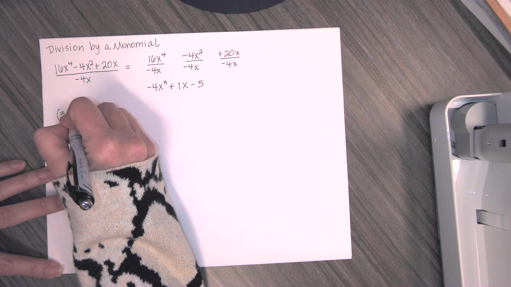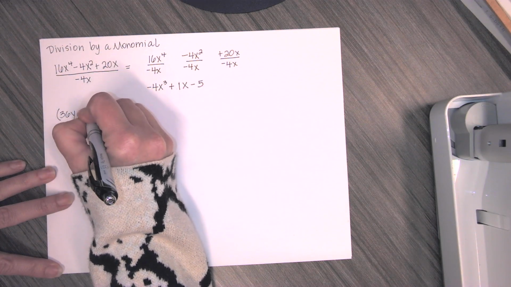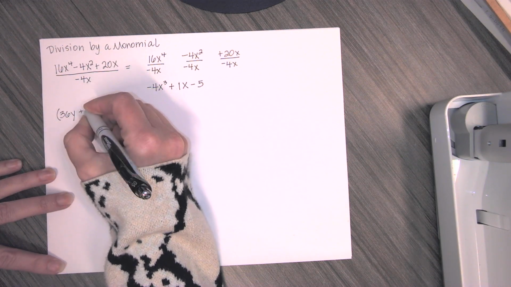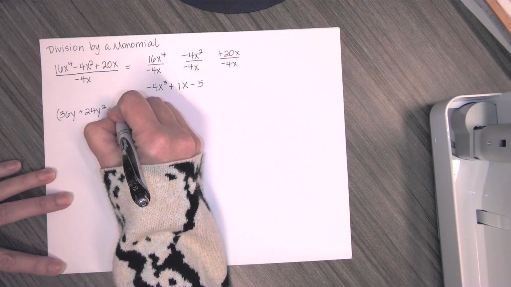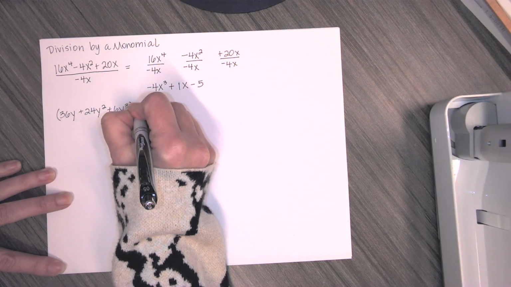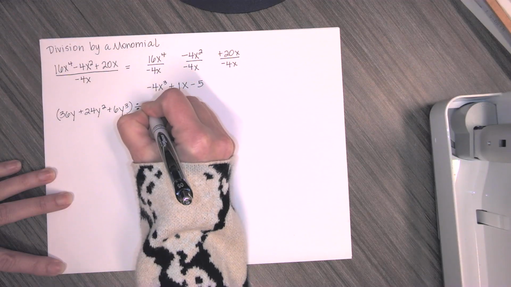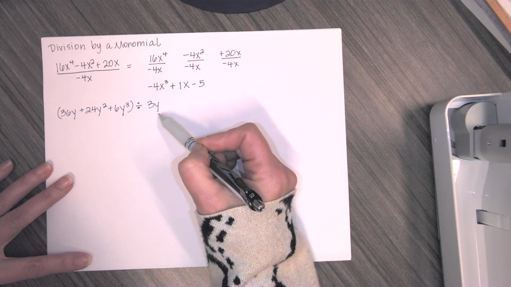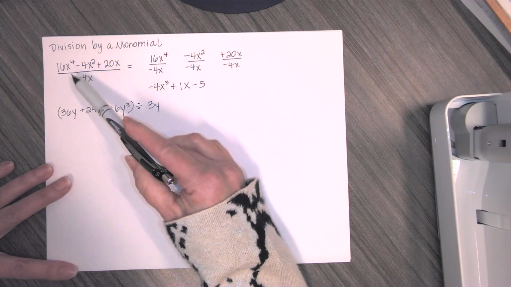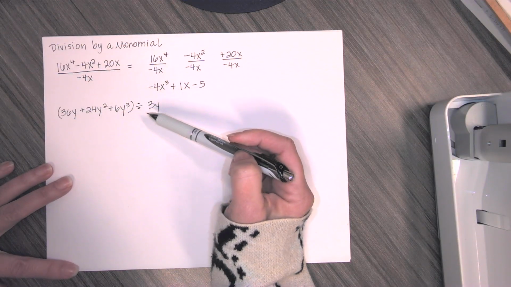Sometimes the problem might be written something like this, where they show the polynomial first, and then they say divided by 3y. Okay, so 3y is the monomial that we're dividing by. Just like this problem, it's just written a different way.